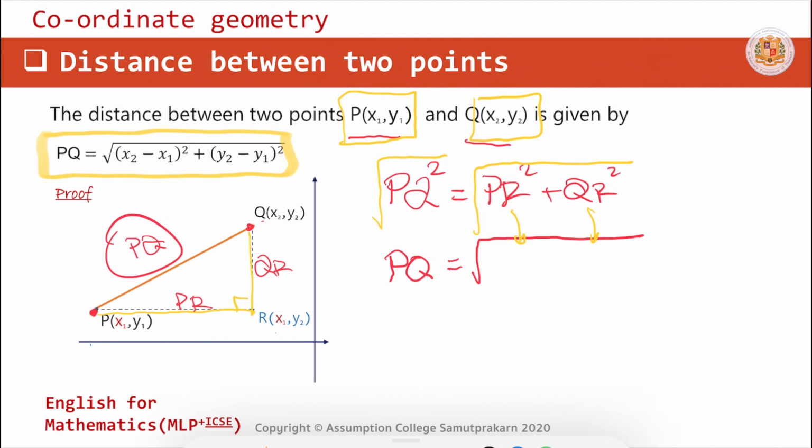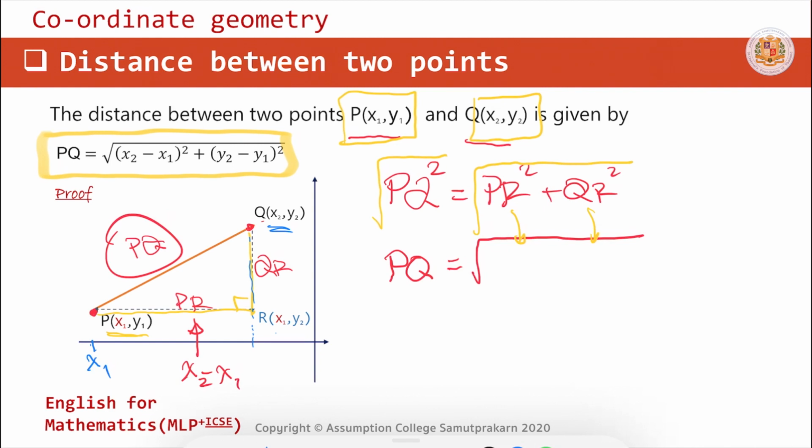So PR here is actually x2 minus x1, because if you look at the diagram, you use (x1, y1) here, so on the x-axis that represents x1 here, and that is (x2, y2).